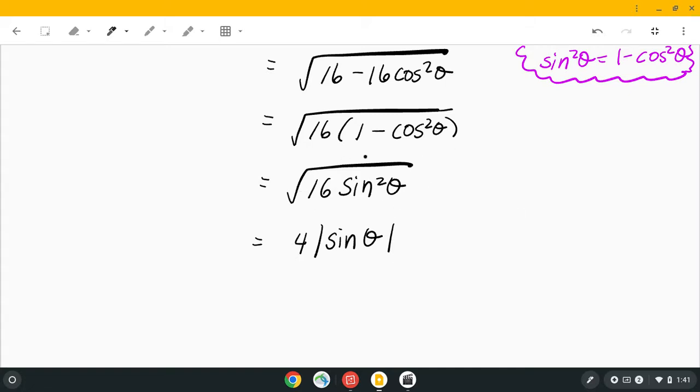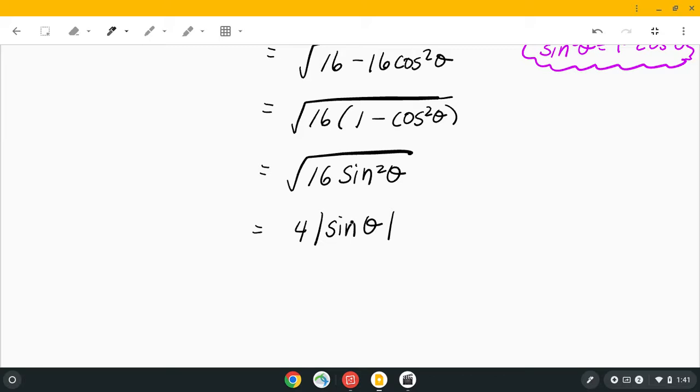But when we take the square root, we want to make sure that we take the positive result. So we put the absolute value there to make sure that we have the positive result, not the negative.